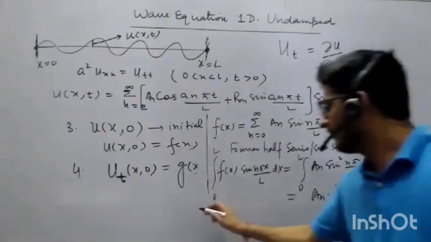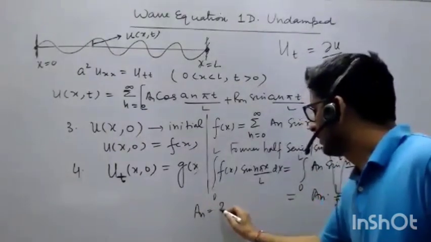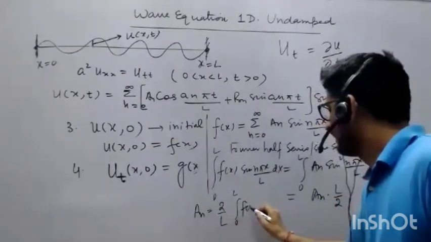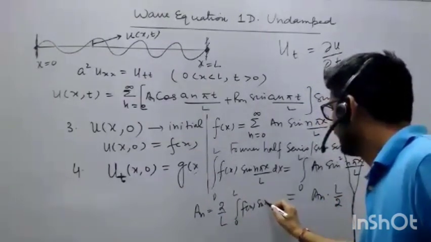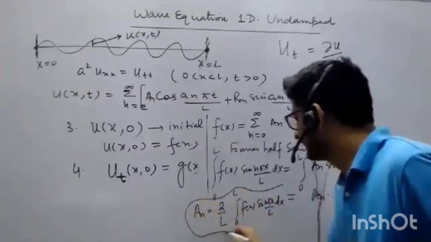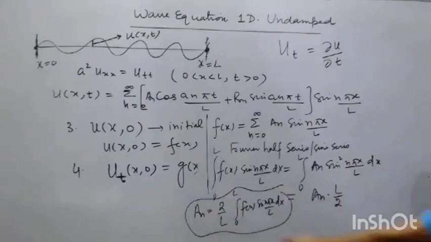So what is the value of an? 2 by l integral 0 to l f of x sin of n pi x by l dx. This is the value of an. So if f of x is known, that means initial displacement is known, so we know the value of an. Correct?